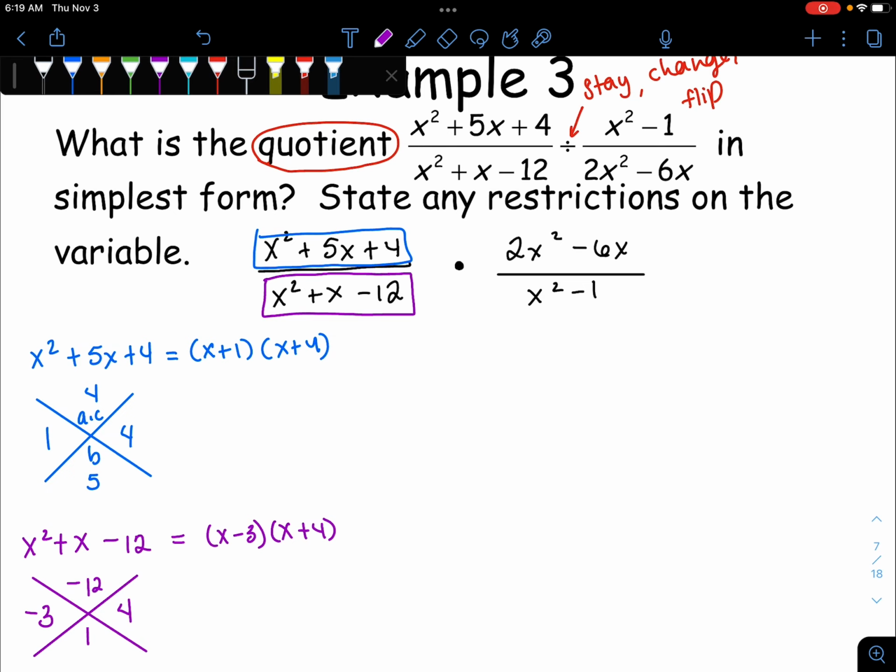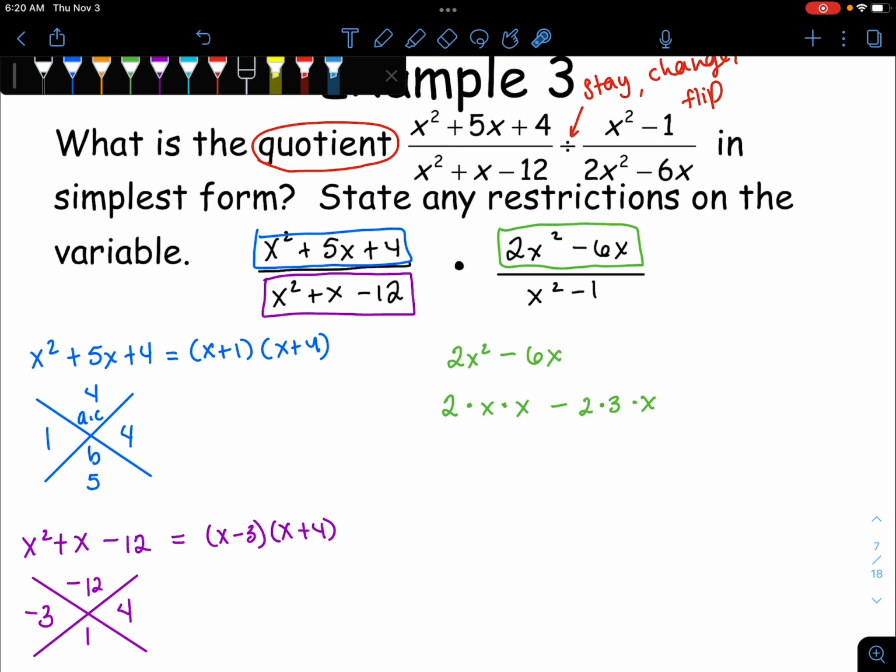Next one we have here is 2x squared minus 6x. Okay, you haven't seen this in a while, so I'm going to break it down. 2x squared is 2 times x times x. 6x is 2 times 3 times x.